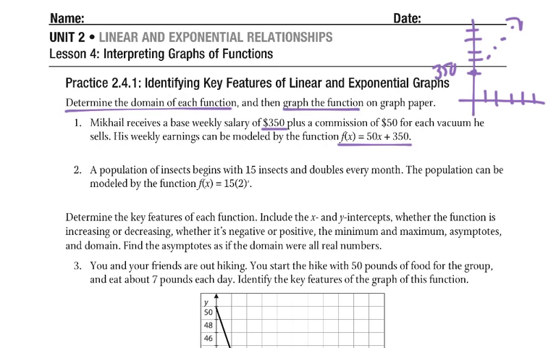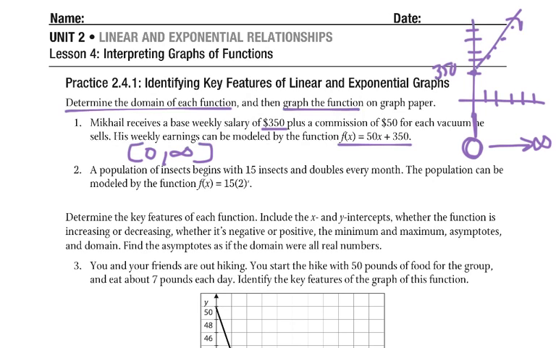So our domain would start here at 0. And then potentially, it would go until we limited how many vacuums he could sell. Which, honestly, could he sell any amount? Yeah, so we think in terms of infinity, so his domain would be 0 to infinity.